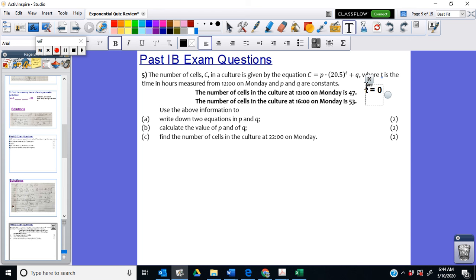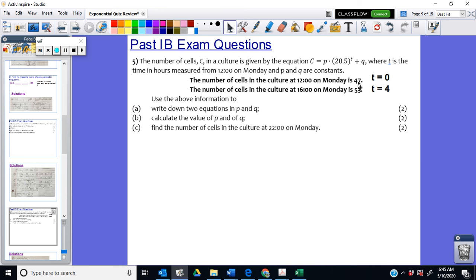And then down below in the second part, how many hours is 1600 past 1200? Yep, T equals 4 hours. And so with that information, you have 0 and 47 and 4 and 53.